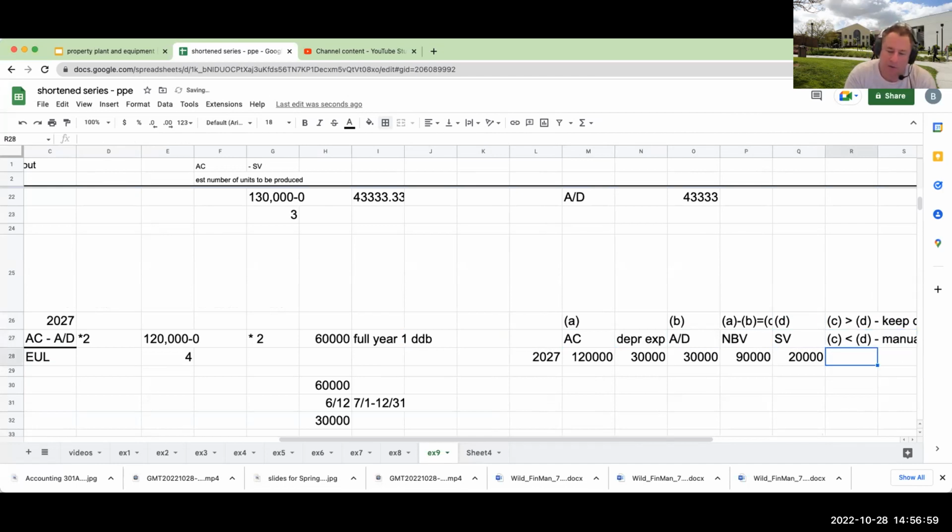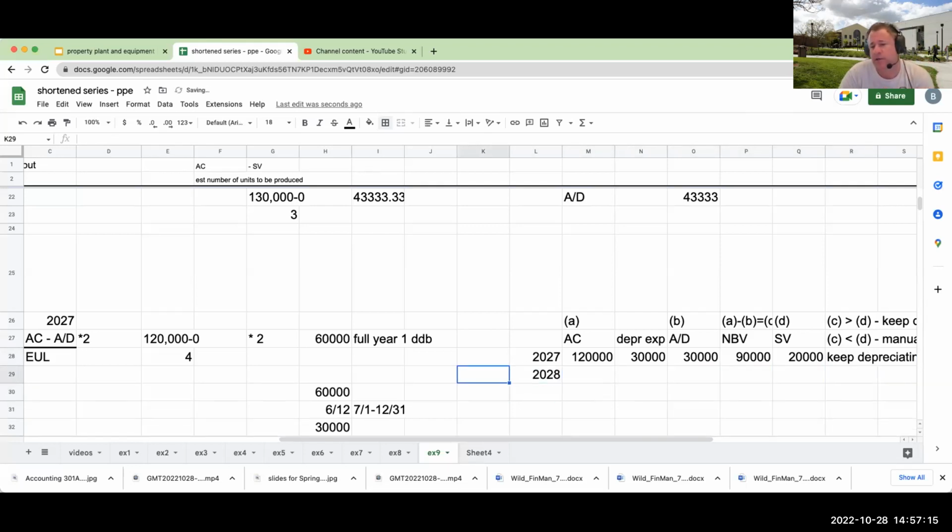Okay, so over here, we're going to keep depreciating as 90,000 is greater than 20,000. Okay, that's for 2027. Let's go to 2028.